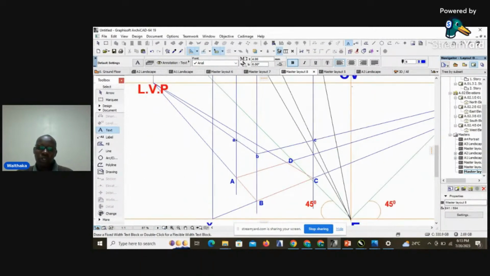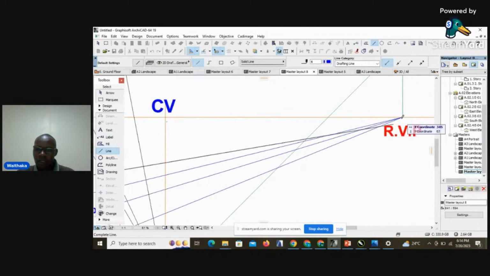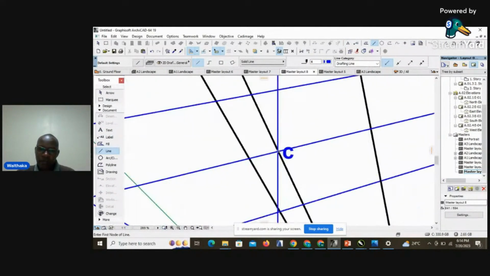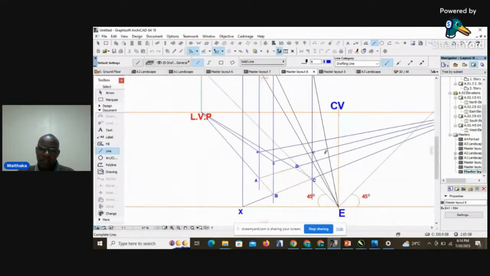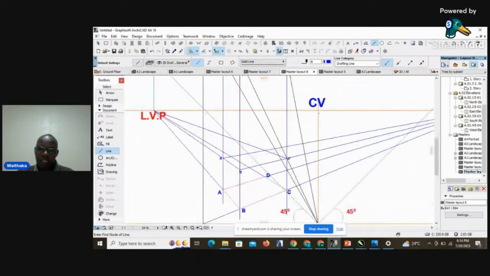So what we need to do is to ensure that a recedes now to the right and c recedes to the left. We just draw a line from point a, and then we draw another line from point c, and it will give us now the top face of our cube.